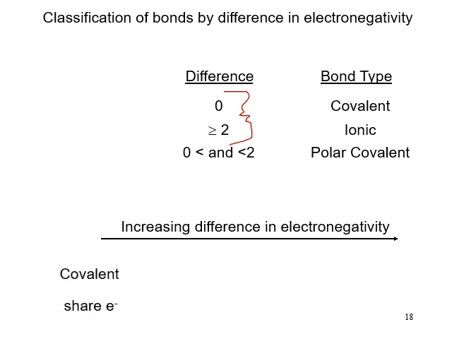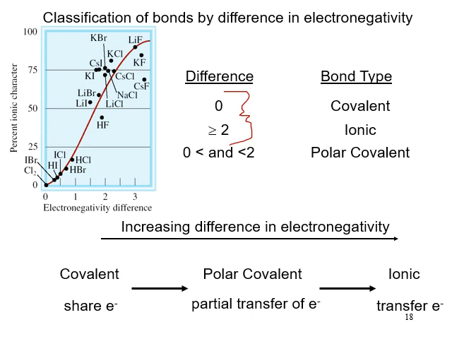So the increasing difference in electronegativity, the more ionic the bond. So if you have a difference of 0, purely covalent, in between there somewhere, polar covalent, and if 2 or greater, ionic. This figure out of your textbook is showing you how that electronegativity difference causes an increase in ionic character.